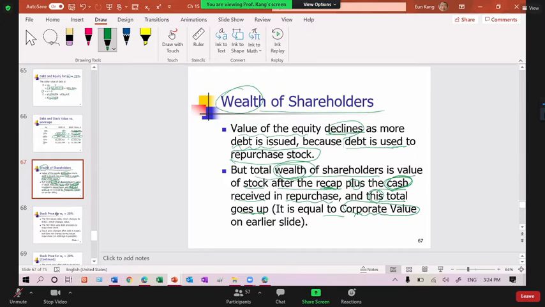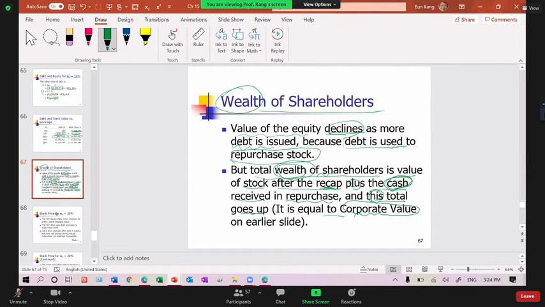So here we think about the total wealth of original shareholders. Yeah, that may be more accurate. So the total wealth of original shareholders, right? Then their wealth goes up because they get not only equity, but also what?